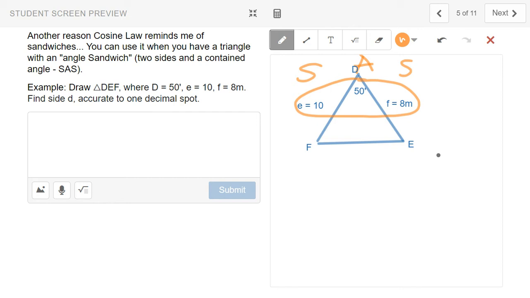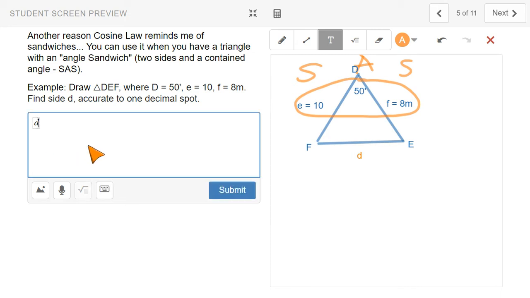Okay, so since we're looking for side D, let's write down the equation. D squared is equal to E squared plus F squared minus 2EF cosine D. Let's substitute the values in. We have D squared is equal to 10 squared plus 8 squared minus 2 times 10 times 8.